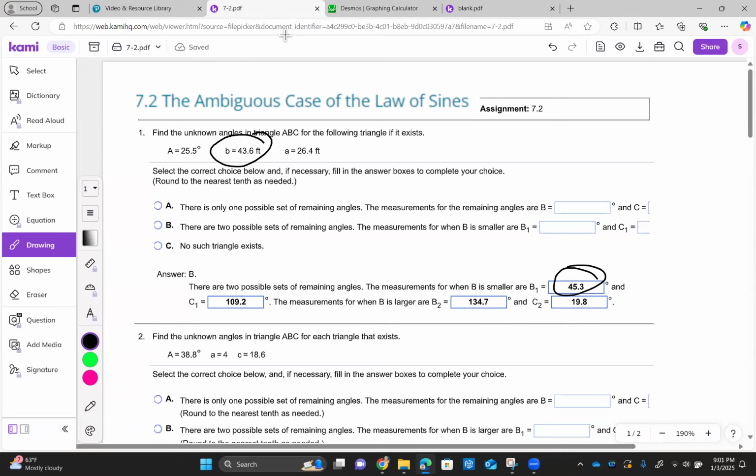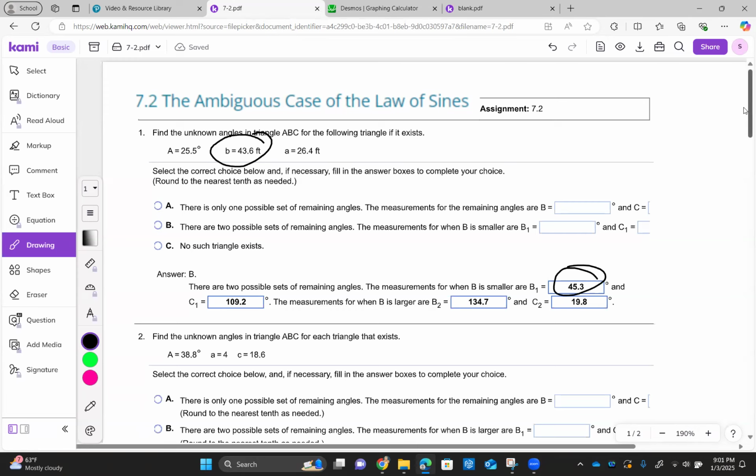But when you choose the other B value, then you get your other C value. Apparently, I did the other sides unnecessarily for number one, but if that's what they're asking you, that's how you will solve for all the missing sides, which you're going to have to do for some other questions on the homework.